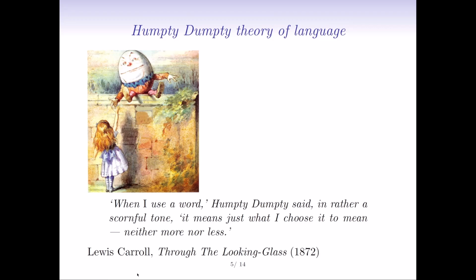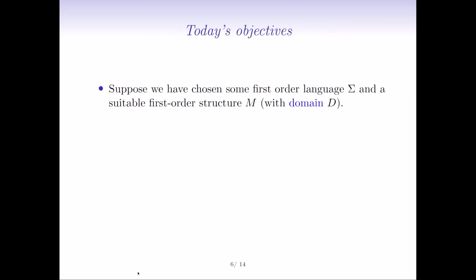Let's move on and go over the objectives for today's lecture. So I'm going to suppose that we have already chosen a first order language, so we've specified our function and predicate symbols.